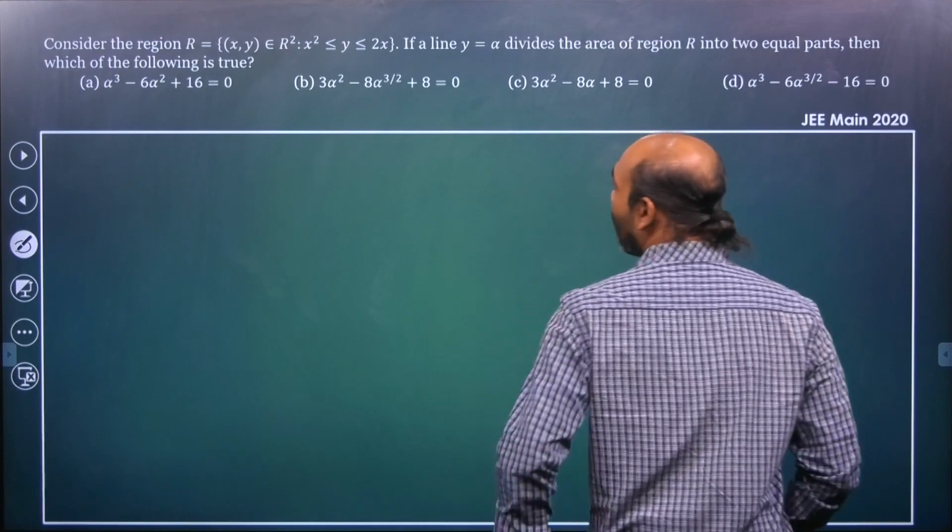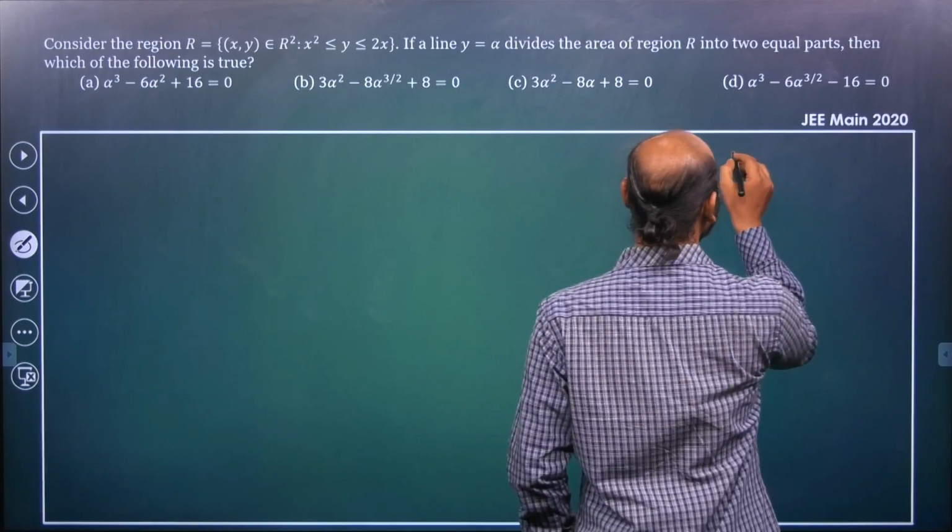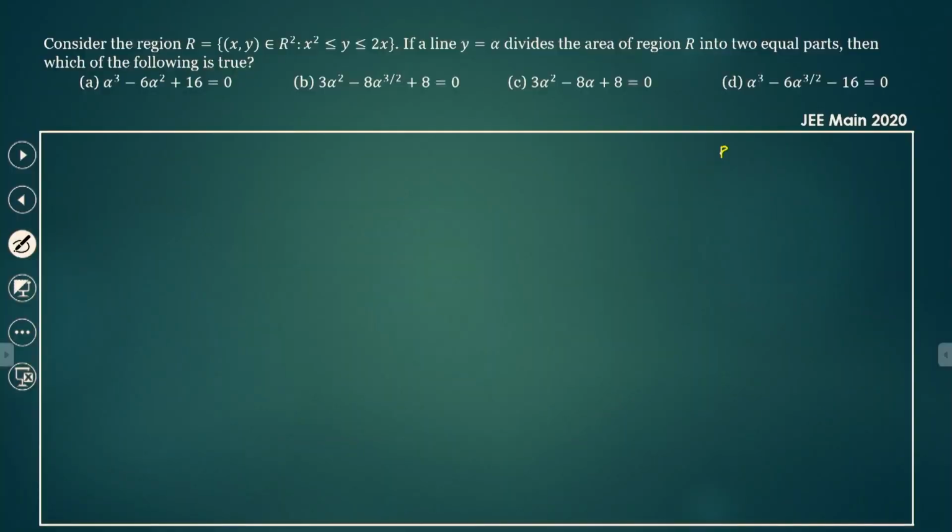So we can start with that problem, where R is the region bounded by y is equal to 2x and y is equal to x square, and that's it.